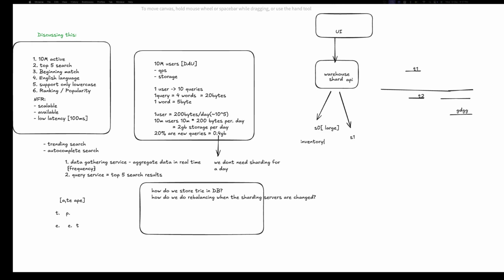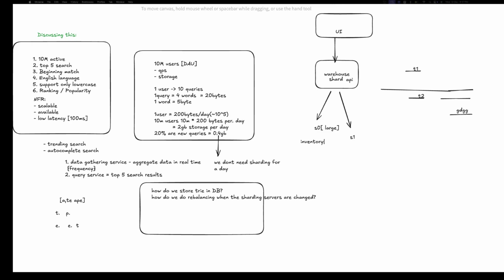Still trying to understand what is meant here. On average, 20 requests are sent for each search query. So what I'm thinking is that one user searches 10 queries, one query is 4 words, and one word is 5 bytes. So one query is 20 bytes. I'm just trying to do the estimation.